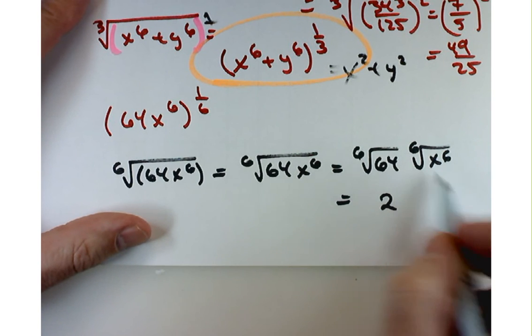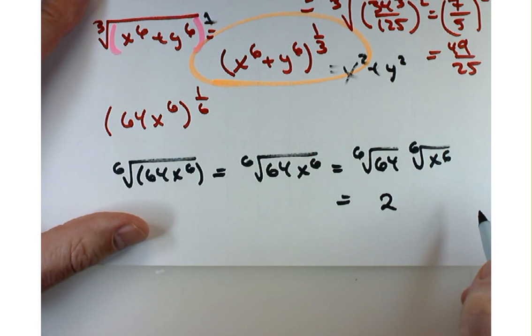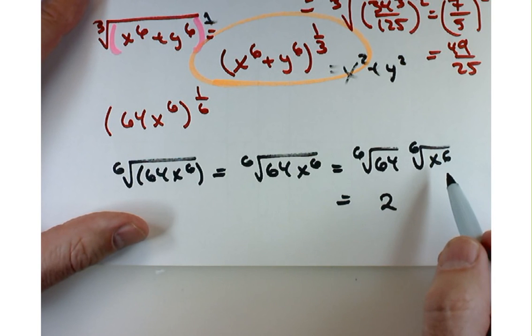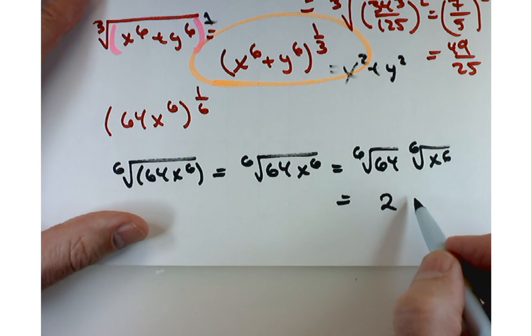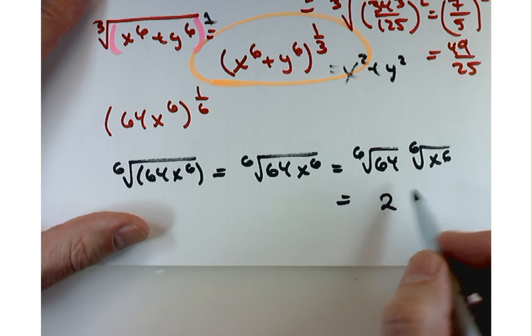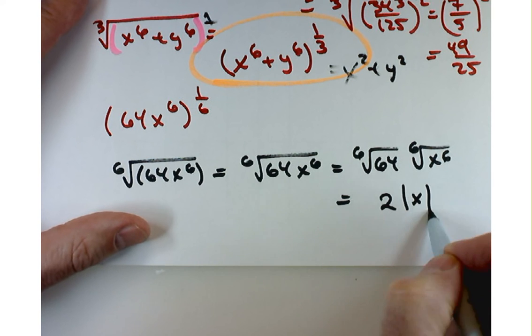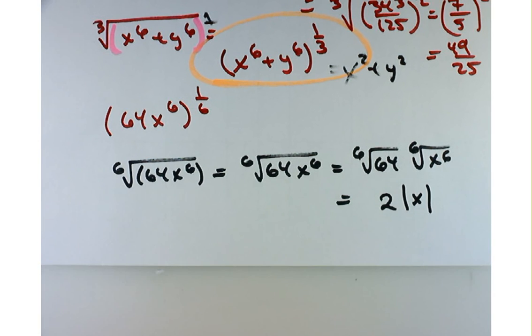How about the second part? What do I get for the second part? Second part's worth 2 or 3 points, so get it right. No one? Absolute value. Well done. Absolute value of x. Why is it the absolute value? How come I need the absolute value here?